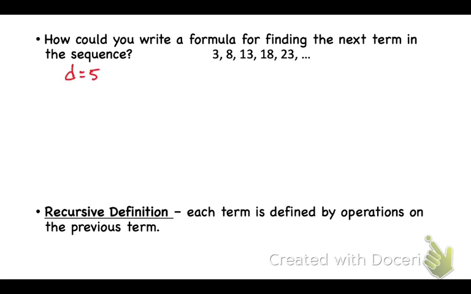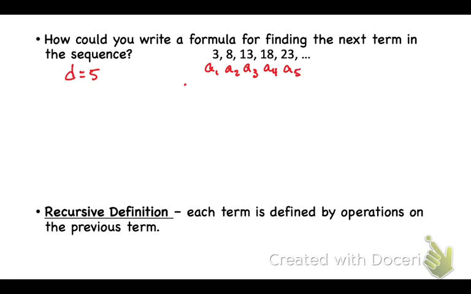Now that first one we came out with 2n, wasn't it? So this one, a sub 1, when we plugged in 1, we got 3. Plugged in 2, we got 8. Plugged in 3, got 13. Plugged in 4, got 18. Plugged in 5.